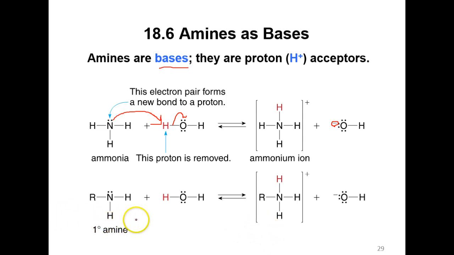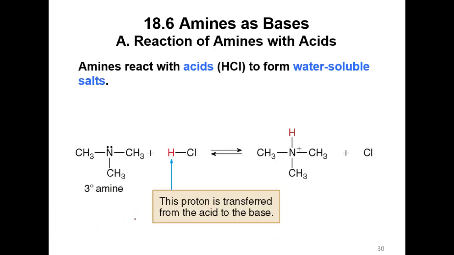And here's another example where you can use a primary amine, not just ammonia. Amines react with acids to form water-soluble salts. Sometimes if you look on the back of bottles of drugs, it will say it's the HCl salt. It'll be like the name of the compound dot HCl, or it'll say it's the hydrochloride salt of whatever.